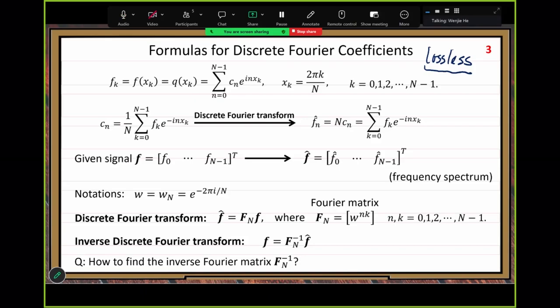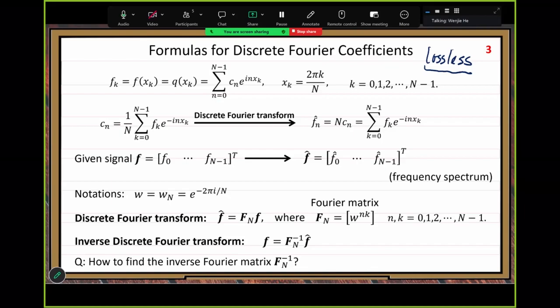So that's one general understanding. Another understanding: look at the form when we do transformation. Each Cn coefficient and Fn hat, the relationship is just a capital N multiple. So you can treat them as having a very close relationship.